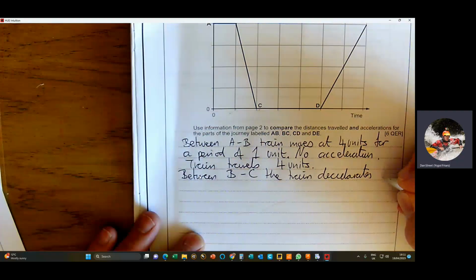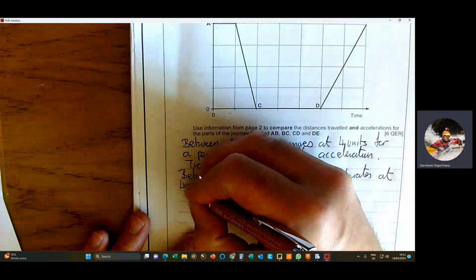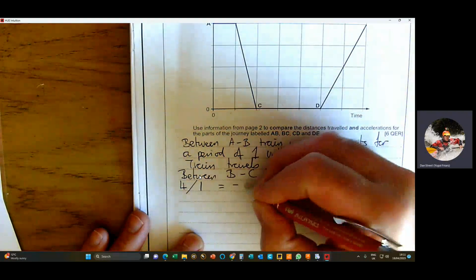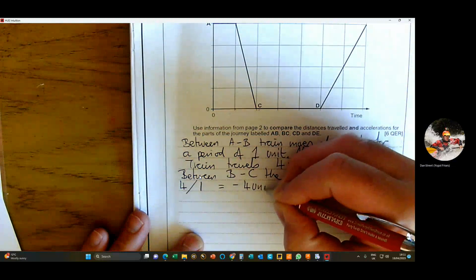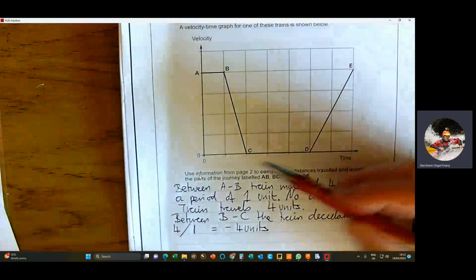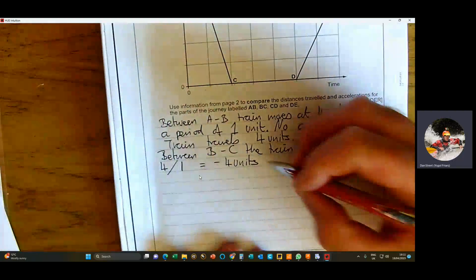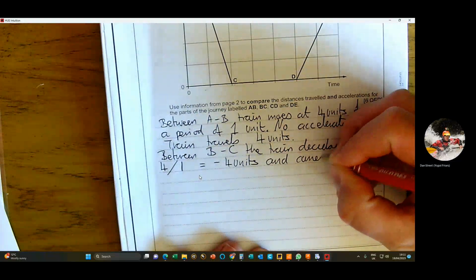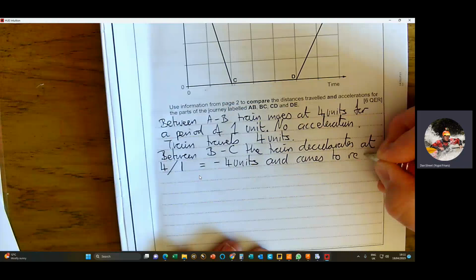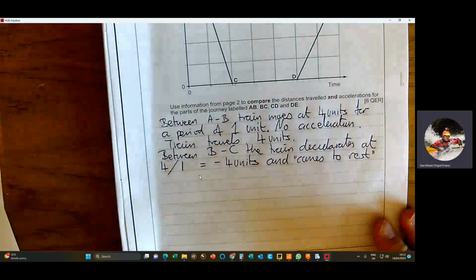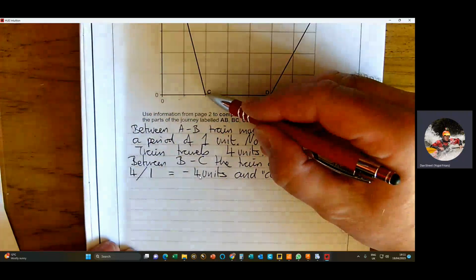So it decelerates at 4 divided by 1, which equals minus 4 units of deceleration. Again, we're not sure what they are because we've not been given them, so we'll just call them units, and comes to rest. Comes to rest is a physics term, meaning it's not moving anymore, because it's got a velocity of 0.